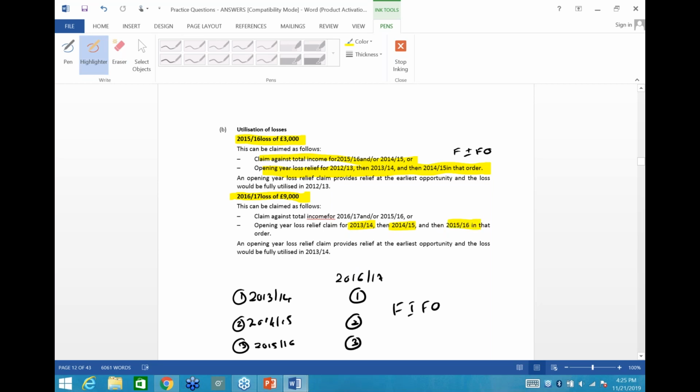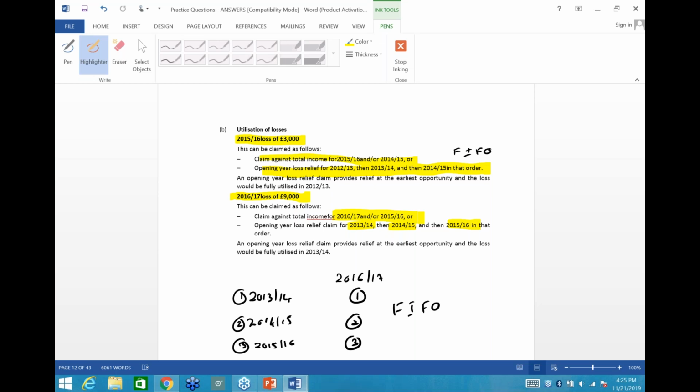If you are not going for the opening year relief, you can use the normal current year and or the previous year relief. In that case, you can use either 16, 17 and or 15, 16. So this is how you deal with the opening year relief.